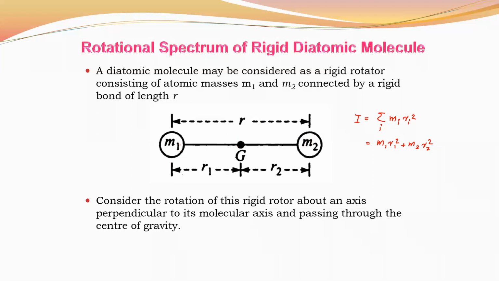Because if it is placed in a gravitational field, the force acting on m1 and m2 must be downward.